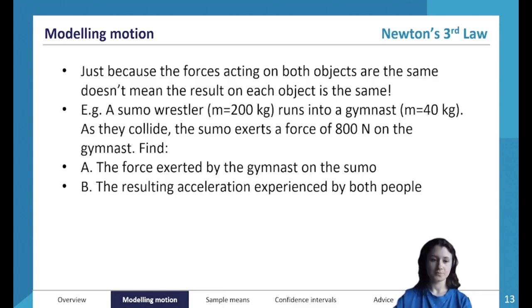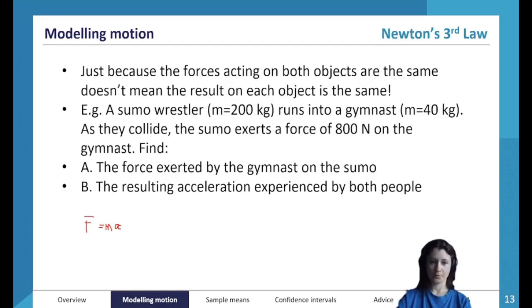So, let's find the force exerted by the gymnast on the sumo and the resulting acceleration experienced by both people. As we can see, the force is always equal to the mass multiplied by the acceleration.